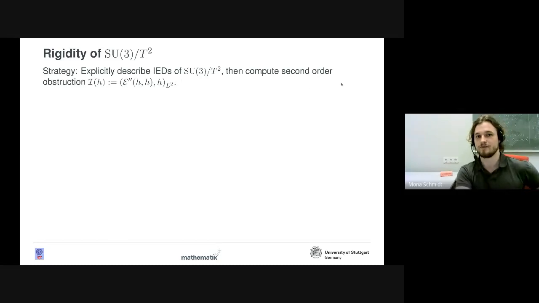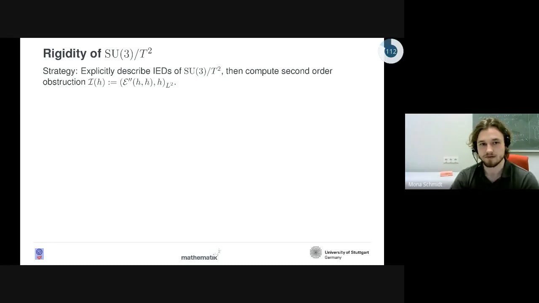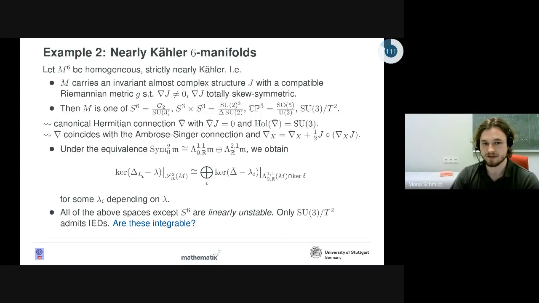Okay, how do we describe the IEDs? So what we know at first is that the space of IEDs is equivalent to the Lie algebra of SU3. This is because the IEDs are given, so if I get back here, if we take the critical eigenvalue here, then we again have the sum of eigenspaces here.